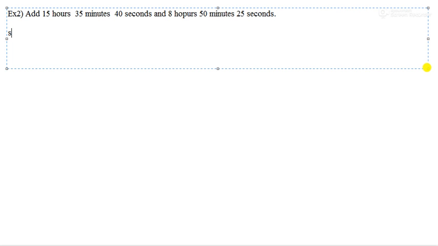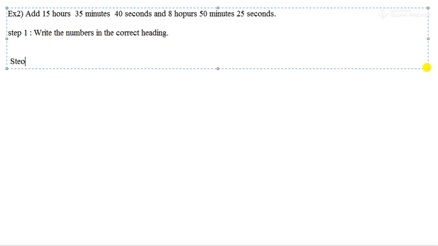Now step 1 is write the numbers under the correct heading.